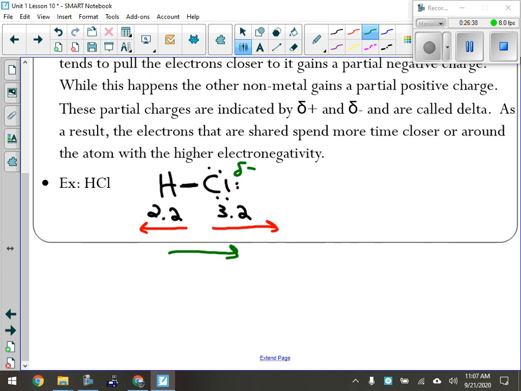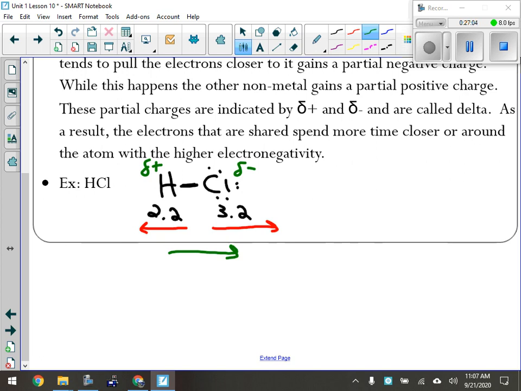So we gain a little bit of a negative charge there, and as a result, we get a little bit of a positive charge here. In other words, electrons will tend to spend more time around the more electronegative atom, in this case, chlorine. Electrons are negative, so they get pulled more to the higher number, and we put on a little bit of a negative charge.